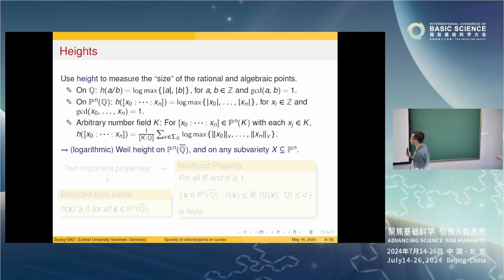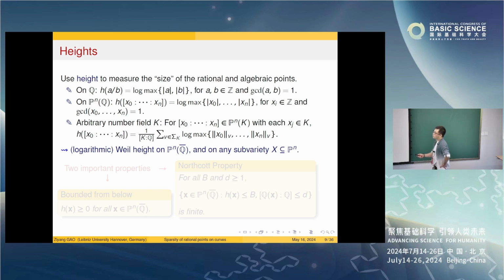Okay. Before moving on, let me introduce what the height function is. This is how, when we try to list the set of solutions, we use height to order them, because height is a number to measure the size of rational and algebraic points. It's an appropriate generalization of absolute values for integers.